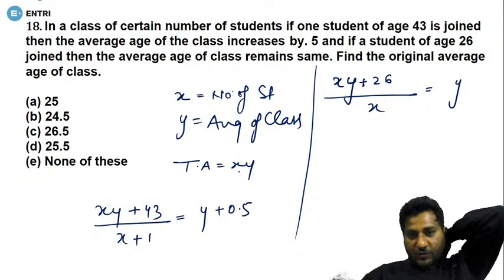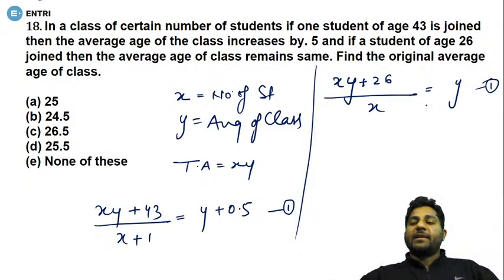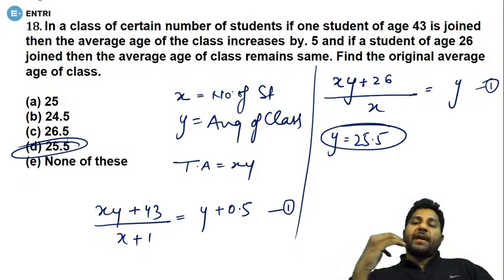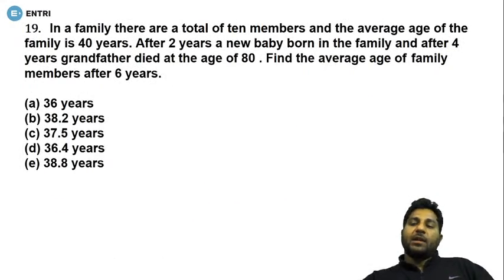Now if we solve these two equations, equation 1 and equation 2, we get the answer y as 25.5. It was a good question because xy gets eliminated. I hope you all have got this solution. Yes, 25.5. Let's move on to the next question.